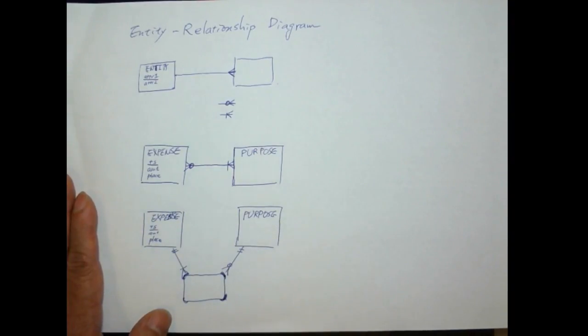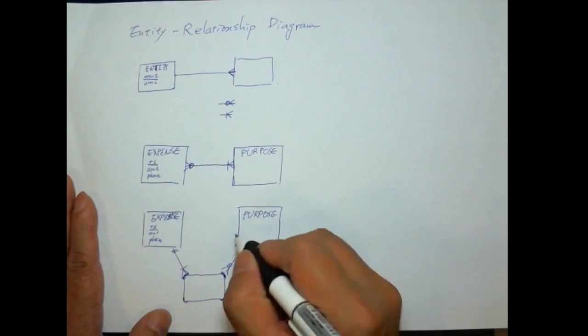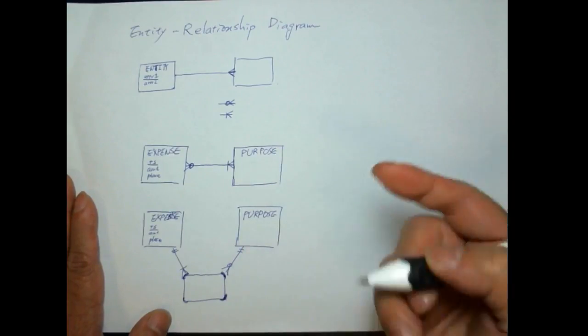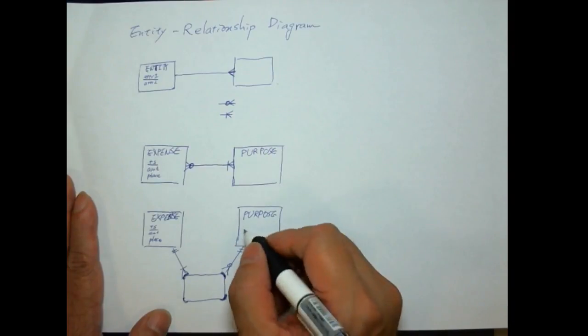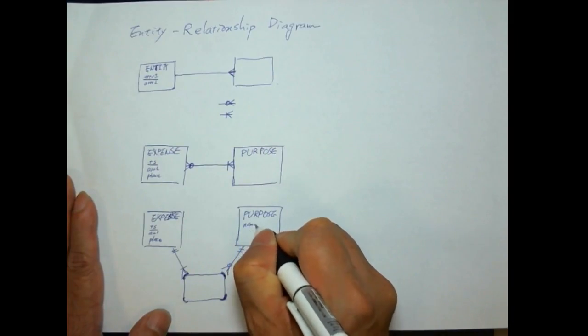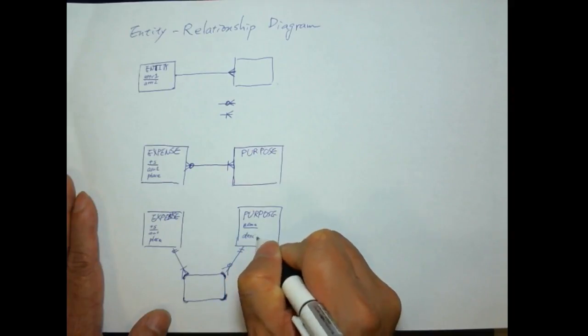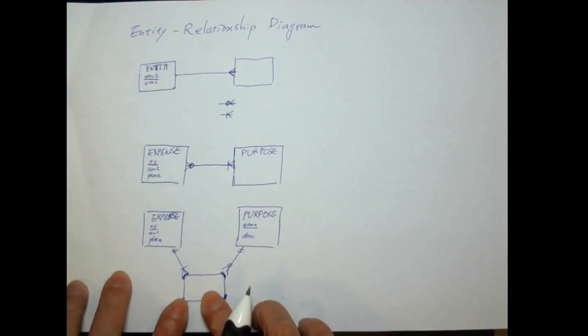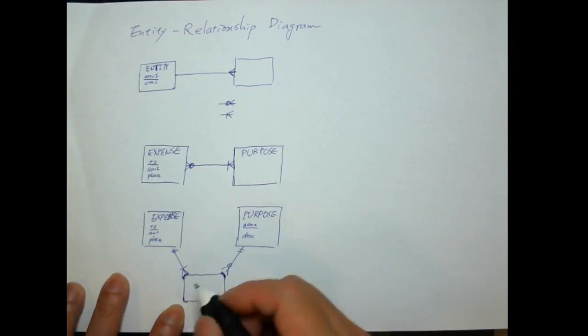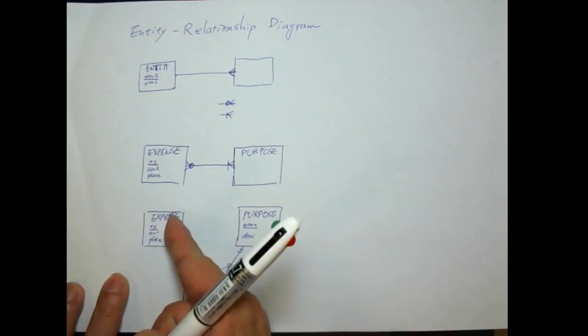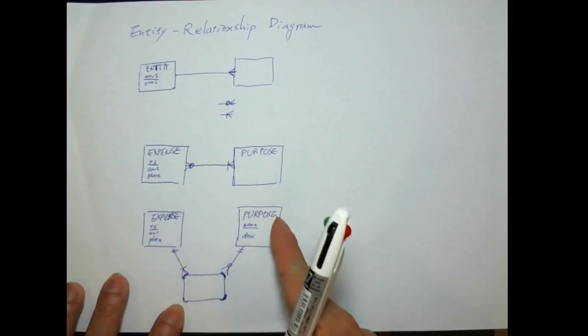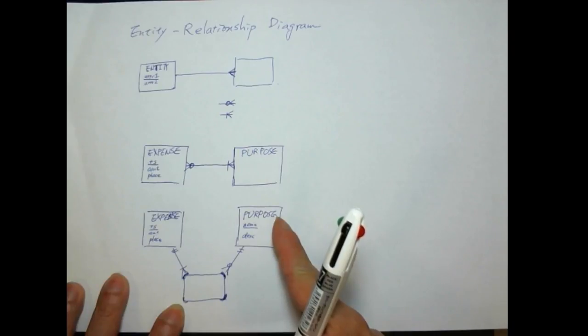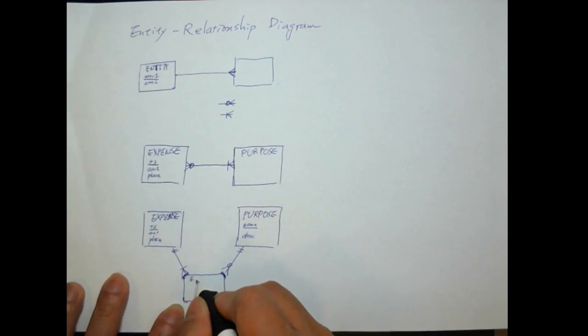For expense, we have timestamp, amount, and place. For the purpose, we have a name, a short name for the purpose, and it's the primary key, and the description. For the associative entity, if there's no natural name for the associative entity, one possible naming scheme is to use the concatenation of the two entities.